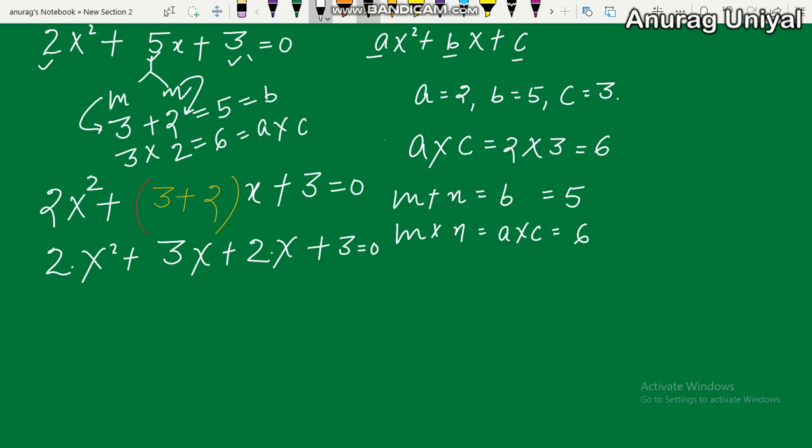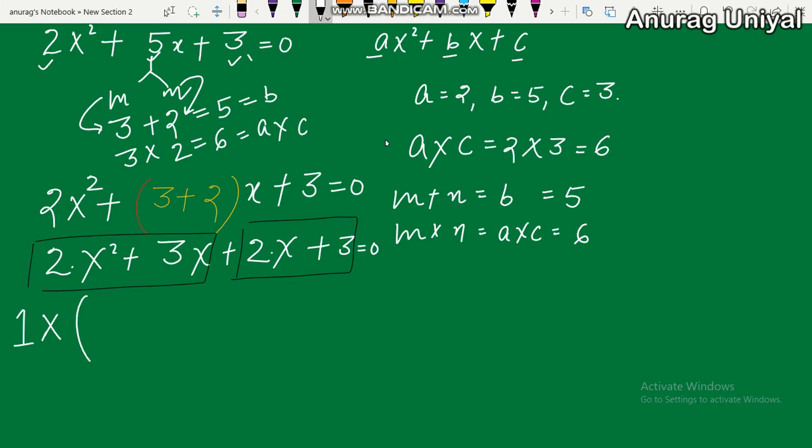Now when we see these two terms, we will have to take common from these two parts and from these other two. How do you take this common? From the first two terms there is a common x, that is your variable x.